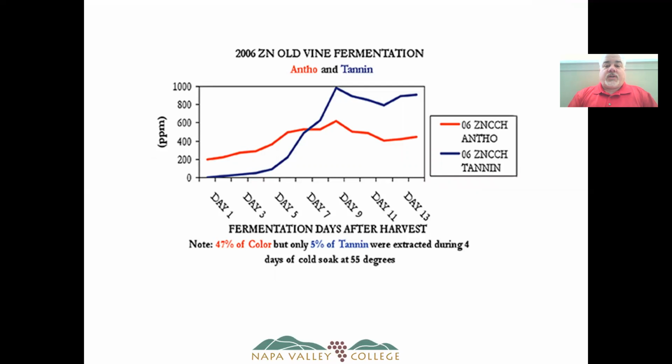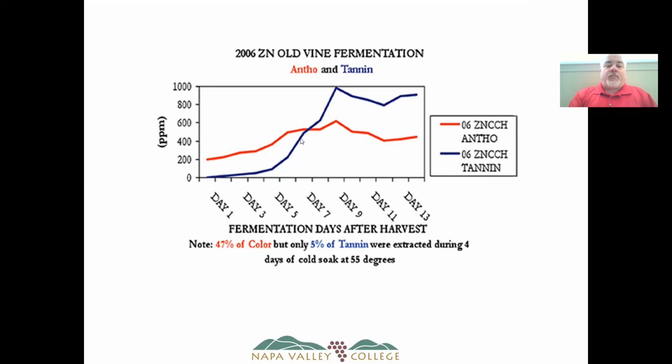So here's some anthocyanin and tannins showing the parts per million of each during the fermentation process. Again, just for your benefit, you can look at this, but I don't need you to understand this for the class.